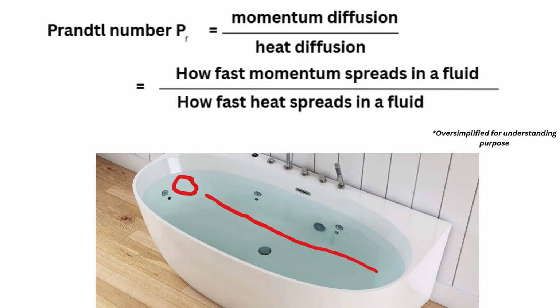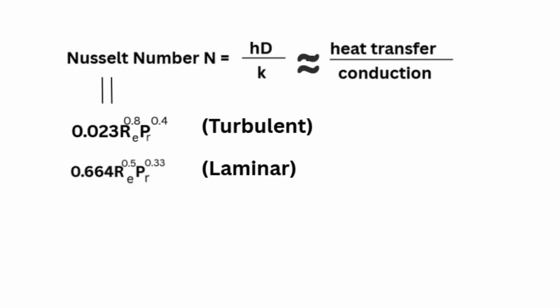Now we will get to the last dimensionless constant, that is Nusselt's number. Understand it as the ratio between convective heat transfer and conduction. And you can see it is equivalent as we are also multiplying by the diameter there. But anyways, Nusselt's number has two formulas. One that I just discussed, the second one is for turbulent and annular.